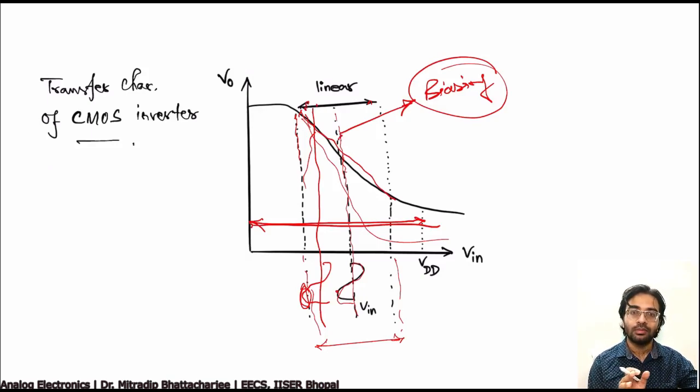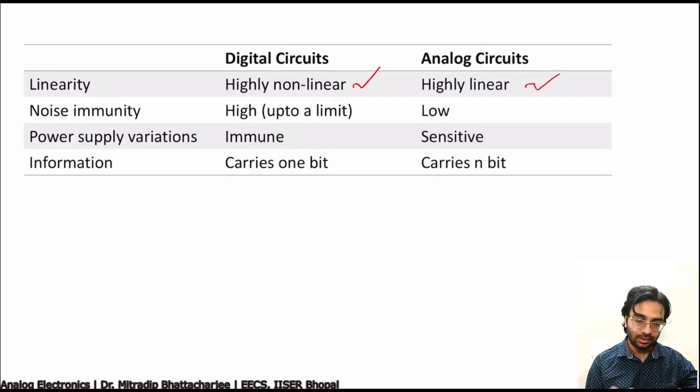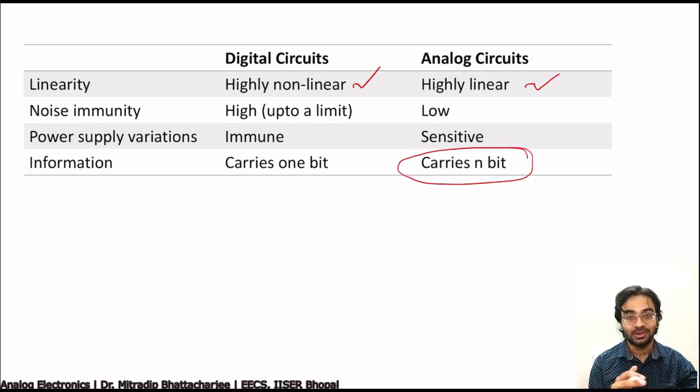So if your power supply is not properly given, or if it is changing, then there will be a problem in the analog circuit. Now for information, an analog circuit carries n bits of information. For digital, it's just 0 and 1. For analog, it's a lot of information. This is one advantage also.